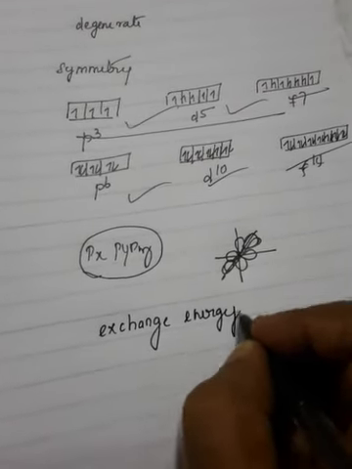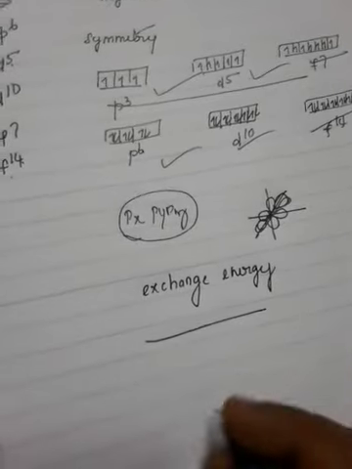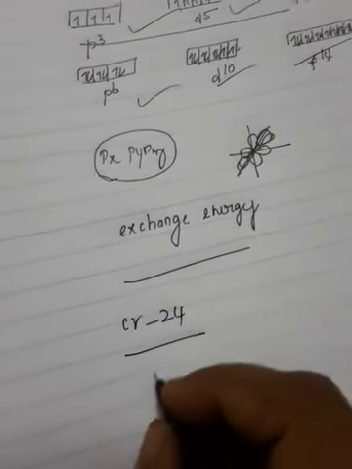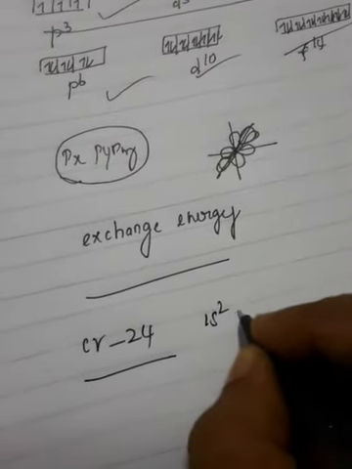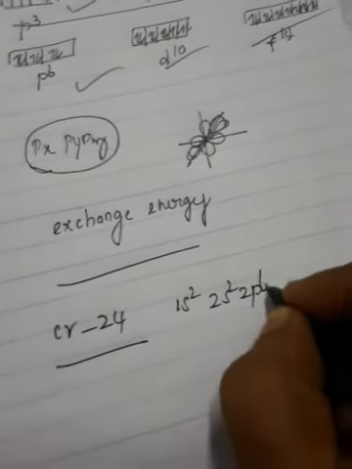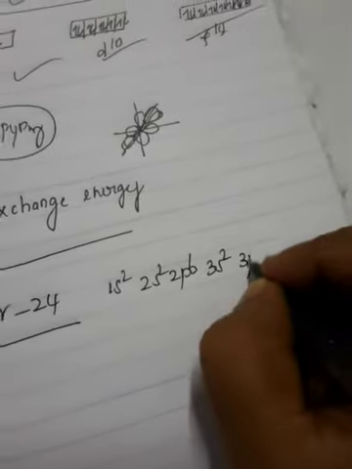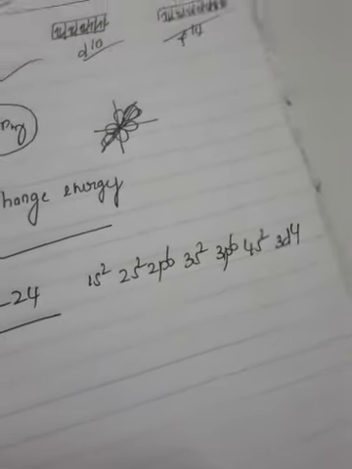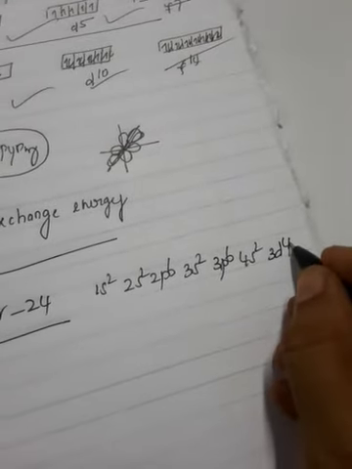Next, what is exchange energy? For example, take chromium, atomic number 24. Last video I have explained. The expected configuration is 1s2, 2s2, 2p6, 3s2, 3p6, 4s2, 3d4. 3d4 is partially filled.